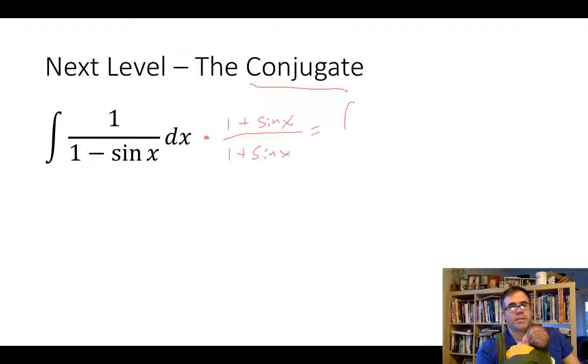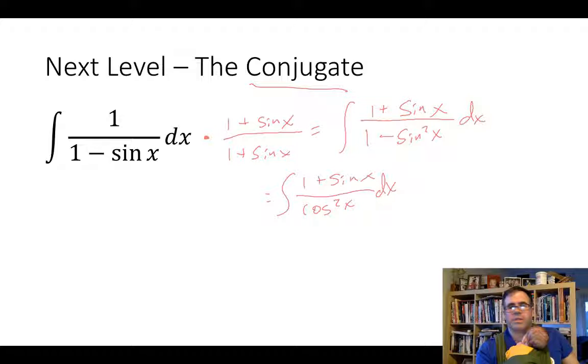So this becomes the integral of 1 plus sine x, and if you don't remember, multiplying by the conjugate, you get the first term squared, so 1 squared is of course 1, minus the second term squared, which is sine squared x. From a previous slide, you should remember, because it wasn't that long ago, that 1 minus sine squared x is cosine squared x.